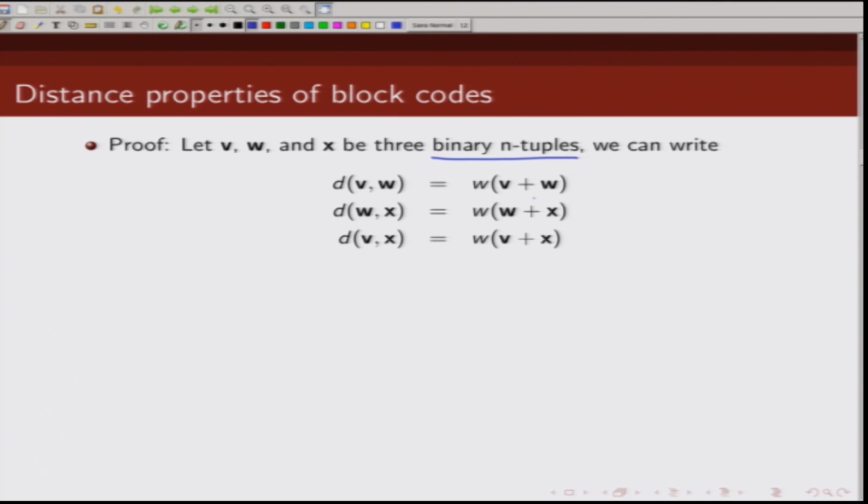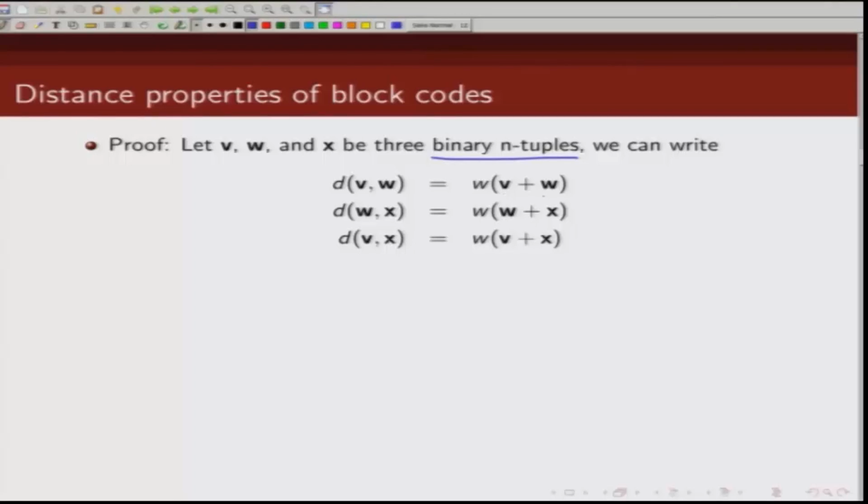because only in those locations where these bits are differing, V plus W will be 1, otherwise it will be 0, because we know for binary modulo 2 addition 0 plus 0 is going to be 0, 1 plus 1 is going to be 0, and only when they are differing, 0 plus 1, in this case it is going to be 1, and if this is 1 and this is 0, in this case also the Hamming weight is going to be 1.